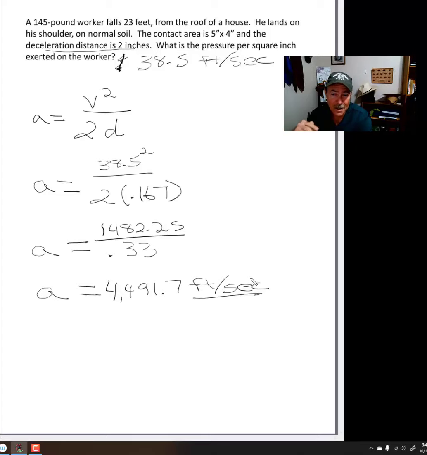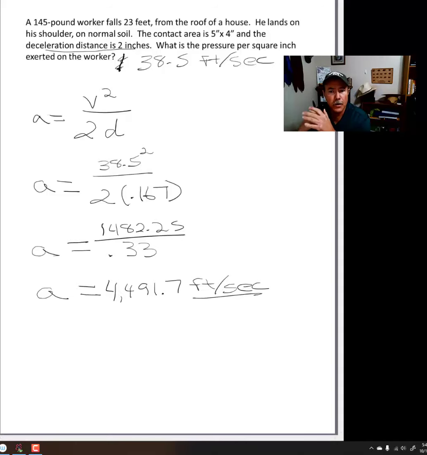It's that sudden stop that's the problem. If he was falling in mud, if he was falling on a pad of some sort, his deceleration distance would be increased, and the impact on his body would be less, or her body. So that's our rate of deceleration.